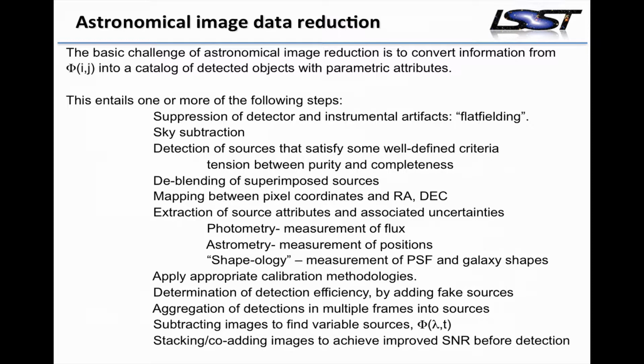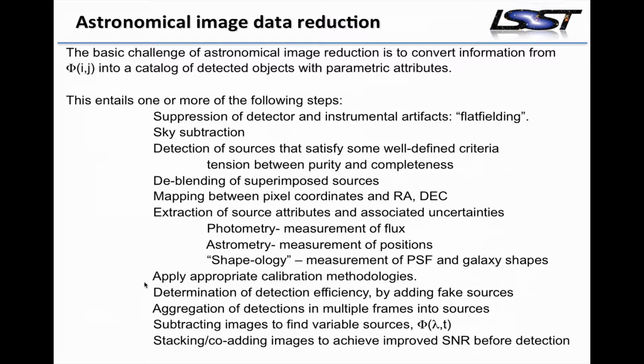And another thing that we're going to do with LSST that does not have a conventional name in astronomy, I'm going to call shapeology, which is the careful measurement of the two-dimensional distribution of flux for the point spread function for unresolved sources and the shapes of galaxies as resolved sources. And that's the foundation for all weak lensing measurements that we're going to make with LSST.